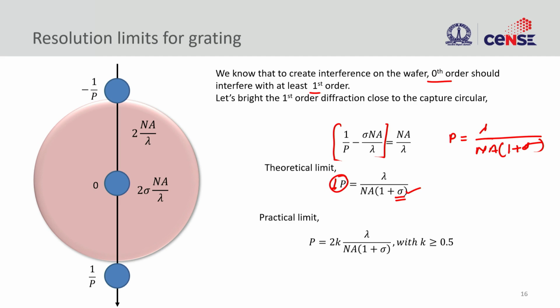It's not going to hurt our system if we go from the perfectly coherent light that we theoretically looked at to the partially coherent light, which is practical. So how do we understand this? Mathematically this is all correct, but let's understand practically how this resolution increase can be brought in.